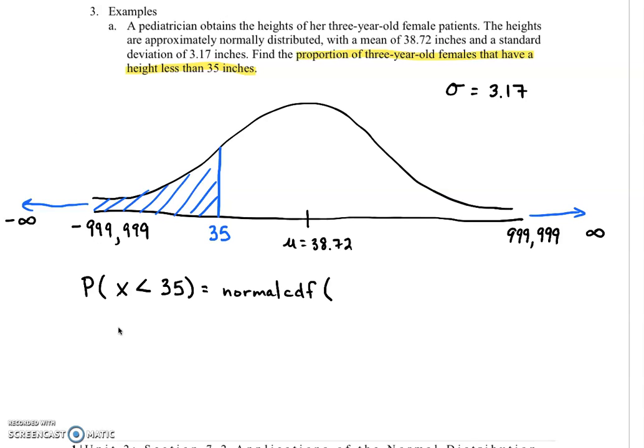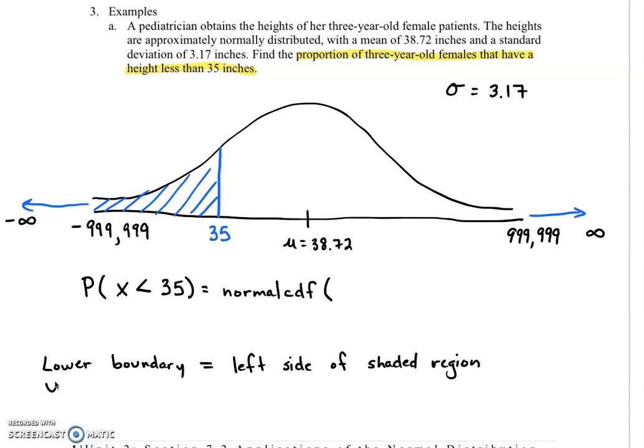So, lower boundary is the left side of the shaded region. And the upper boundary is the right side of the shaded region.